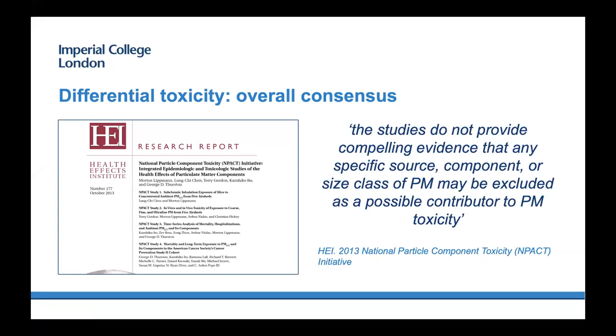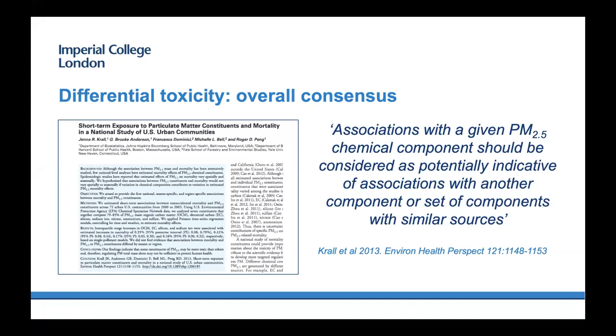In the same year, Crowell and colleagues came to much the same conclusion when they said in this article, associations with a given PM2.5 chemical component should be considered as potentially indicative of associations with another component or set of components with similar sources.